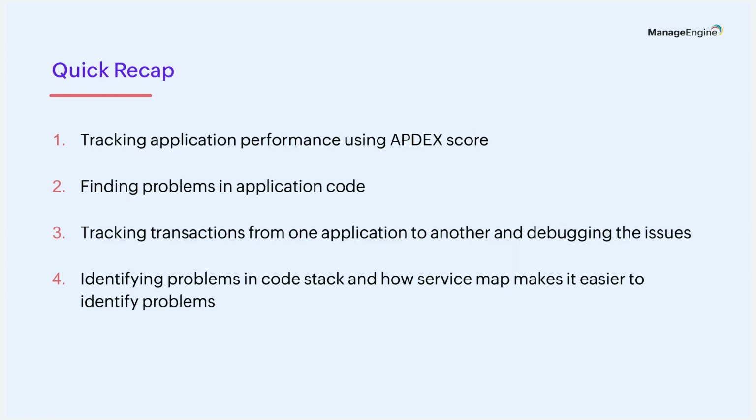Next we explored how to identify problems in the application code. In the third segment, we saw how to track transactions from one application to another and debug issues. In the last part, we covered identifying problems in the code, concluding with how service maps make it easier to identify the problem.